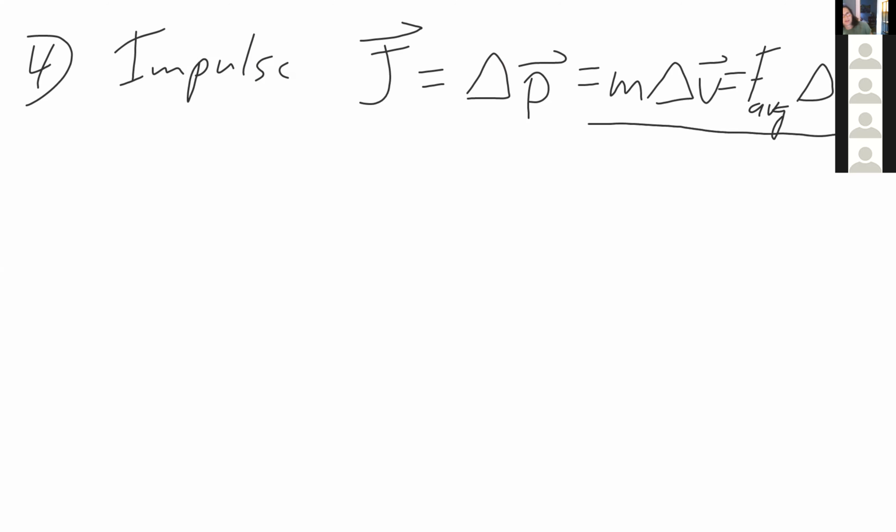They're usually pretty clear when they're asking about the average force. They'll ask pretty explicitly. One thing that I will note that you are responsible for in this class, because it's physics with calculus, is that technically this last definition comes from the fact that the impulse is the integral of force with respect to time. So just to write that over here, J is the integral of the force vector with respect to time.